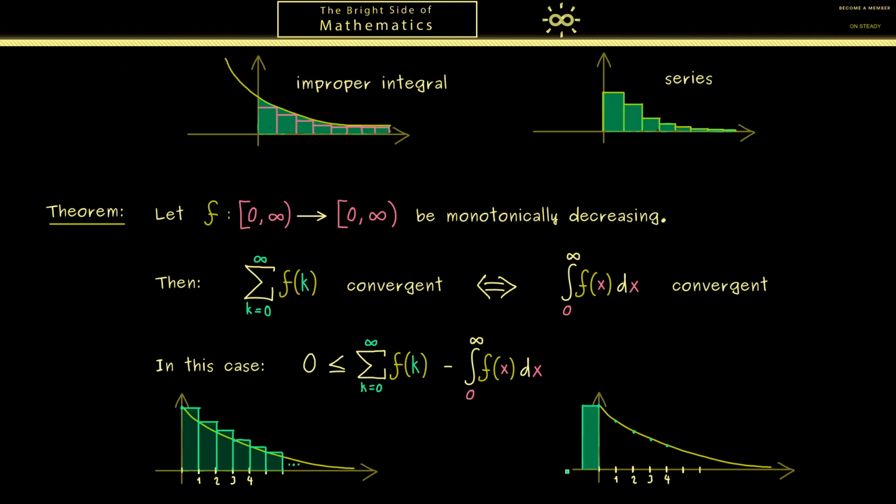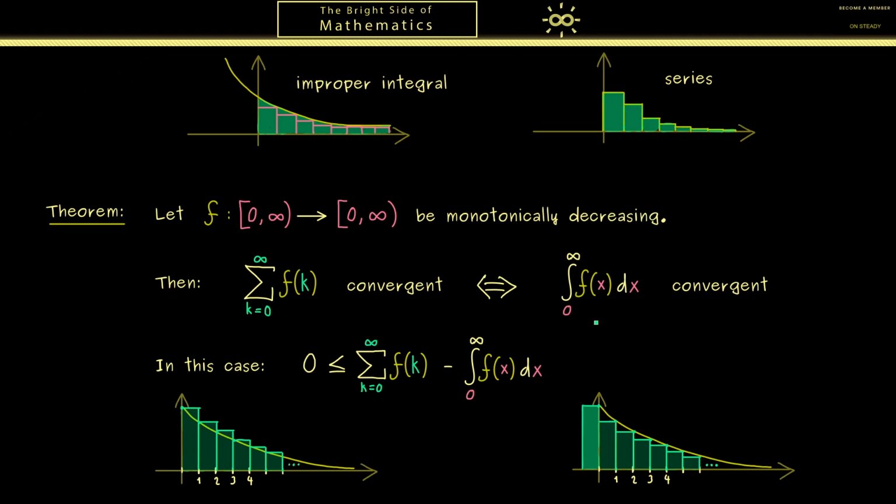It's a finite number, which means we could ignore it, and this means that we start the series at k equal to 1. Hence, then we see that all the other rectangles lie inside the integral area. In other words, the sum of all the rectangles is less than the integral of f. And there we have the other implication.